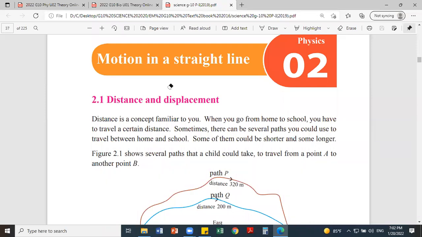So there are different types of motion. All motions are not in a straight line. Some motions are rotational, revolution, vibrational motion. For example, the earth revolves around the sun, and the earth rotates around its own axis. Rotation, revolution, then vibrational motion.